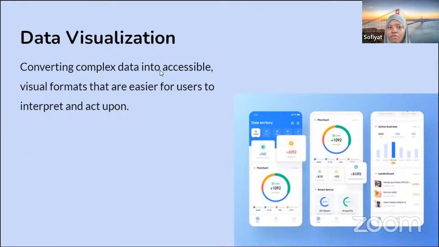So converting complex data into accessible visual formats that are easier for users to interpret and act upon. If I put all the things in writing, it would be too long and make the interface look too complex, too much of things.